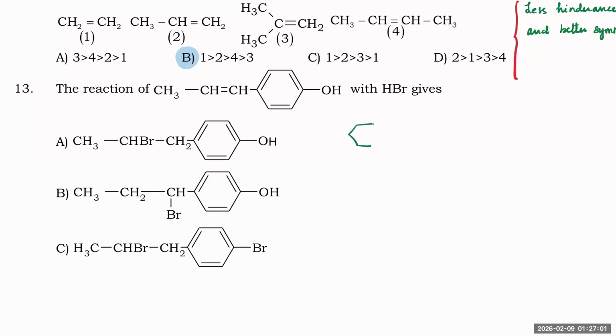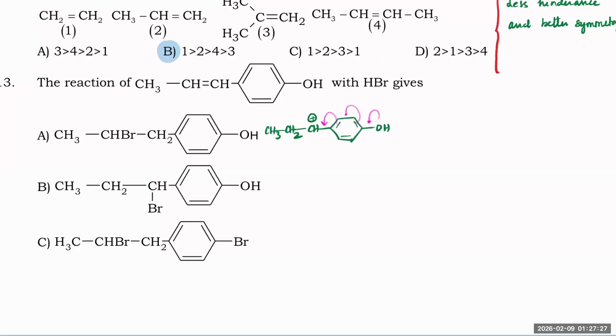Imagine a carbocation coming on this position with OH. Then we have CH and CH3 with hydrogen added here. Now notice this one. The lone pair on oxygen is pushing, the pi electrons are pushing. This way it is getting highly stable.